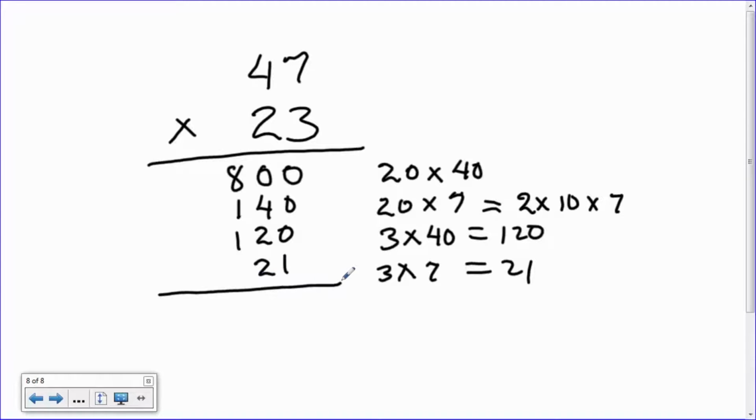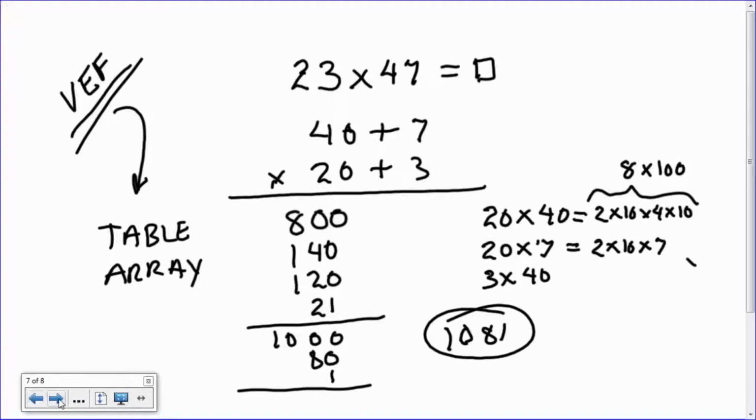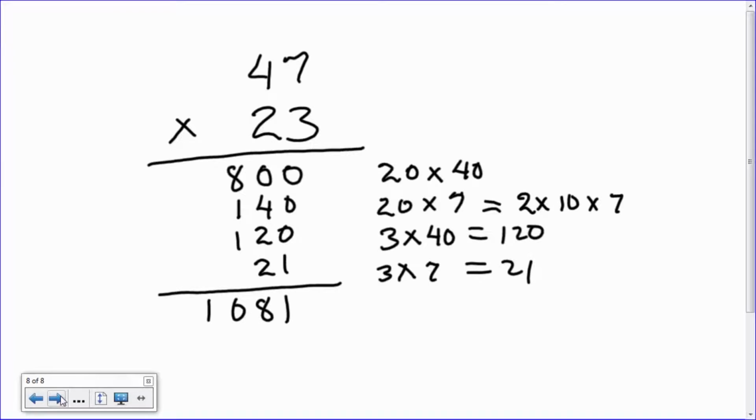And as before, when they went through and did the arithmetic, this turned out to be 1,081, I think. Yeah. Okay, this is table array.